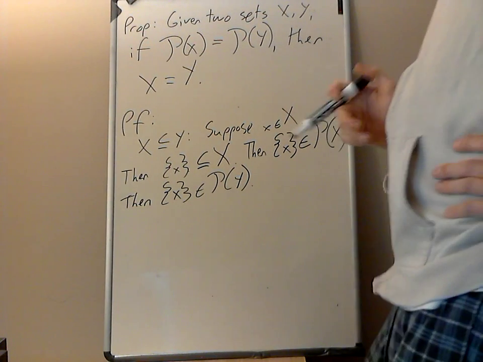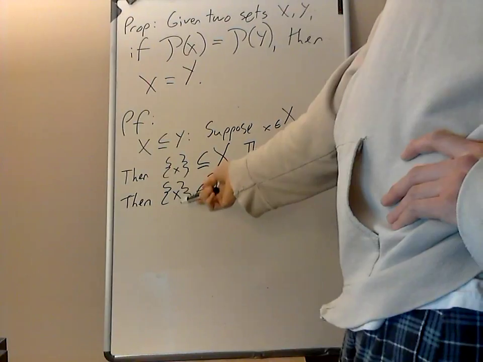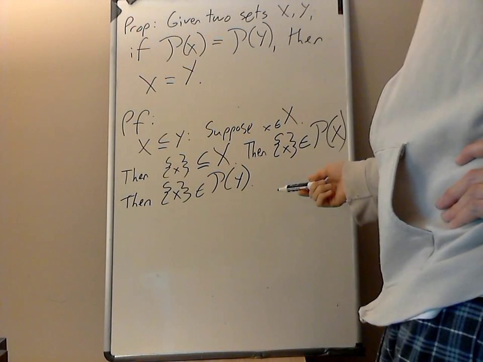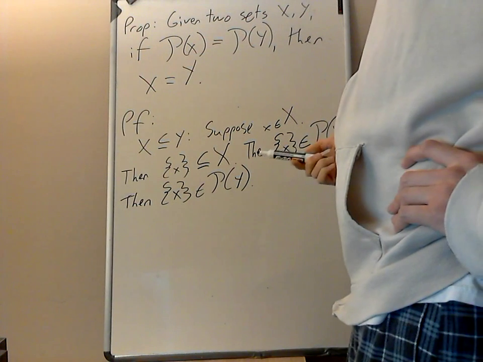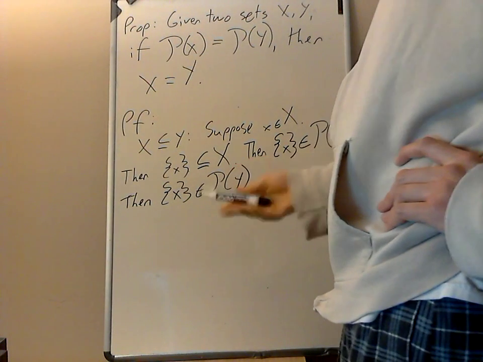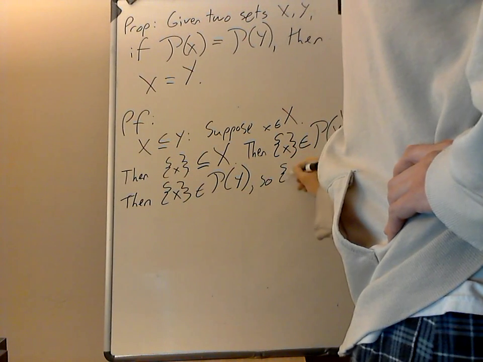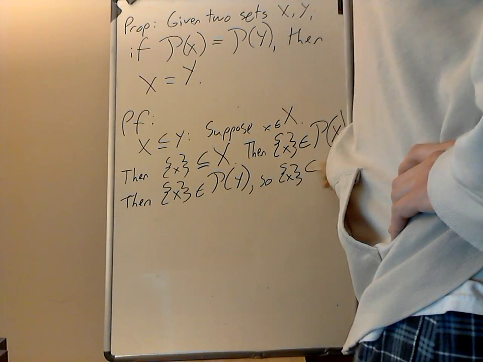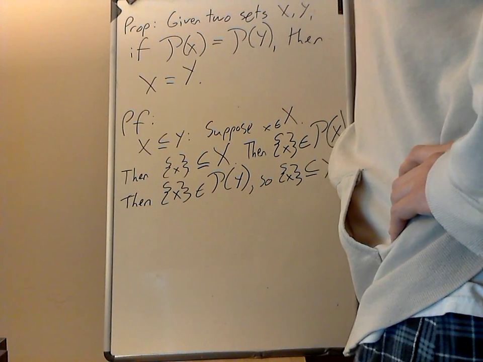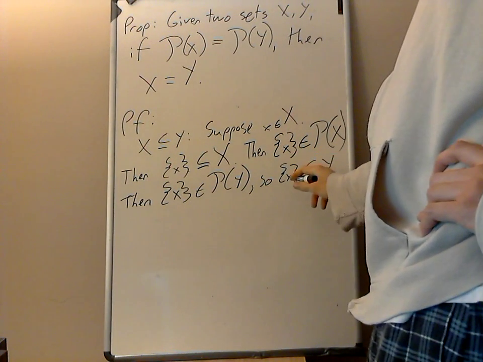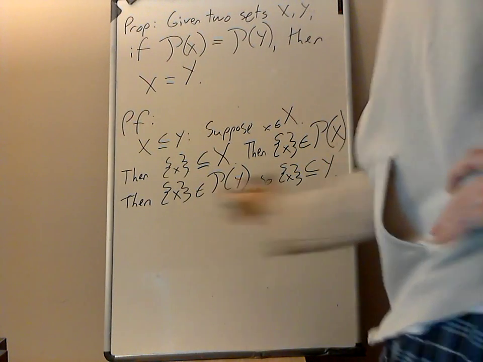Okay, but if the set containing x is in the power set of y, then by definition, the set containing x must be a subset of y. But then, by definition, we must have the element x in y.